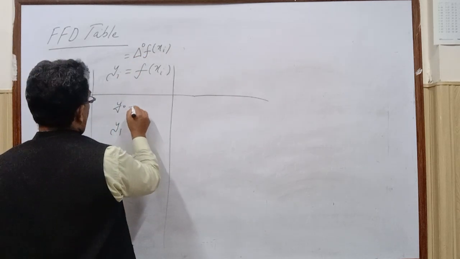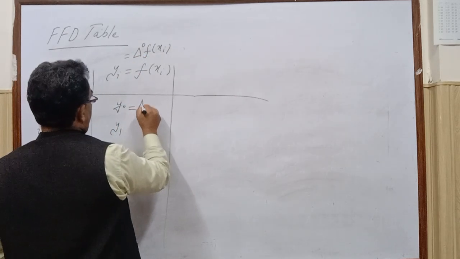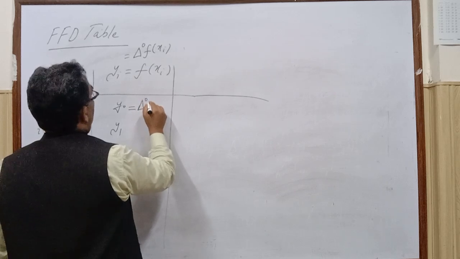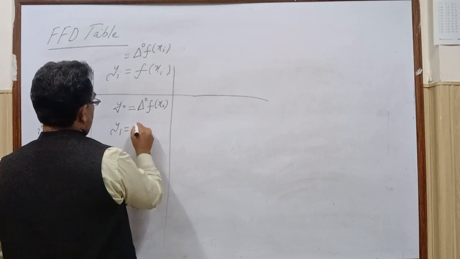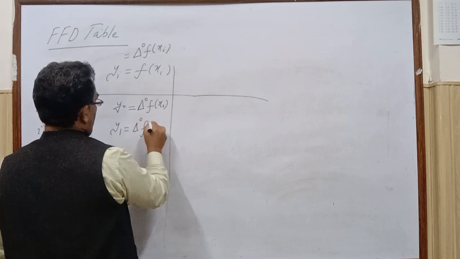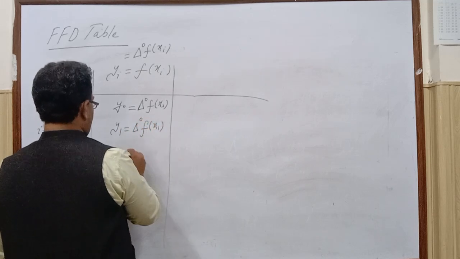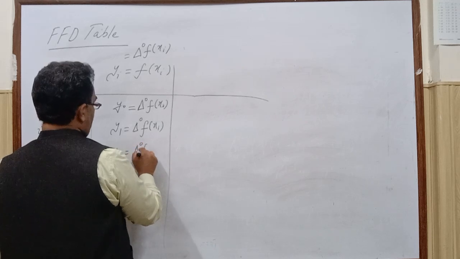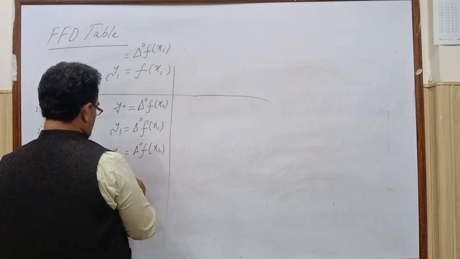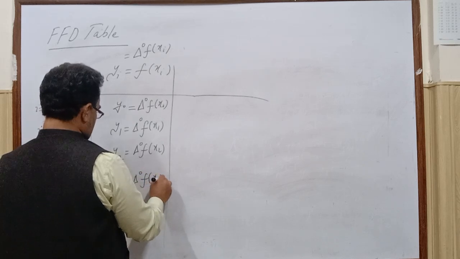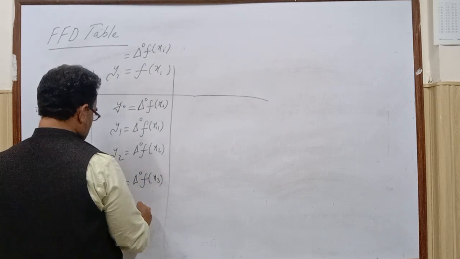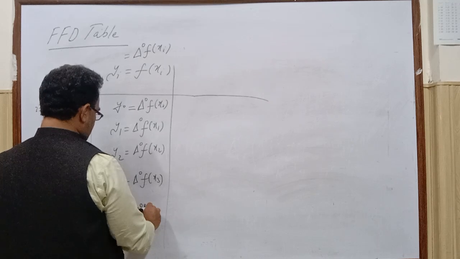Means this y0 is actually delta 0 of f of x0, and this is delta 0 f of x1, and this is delta 0 f of x2, and this is delta 0 f of x3, and this one is delta 0 f of x4.